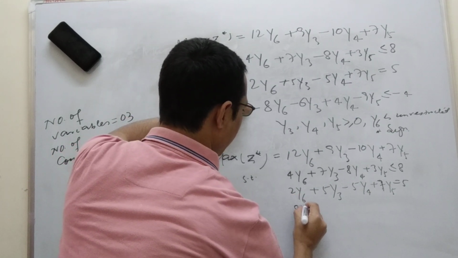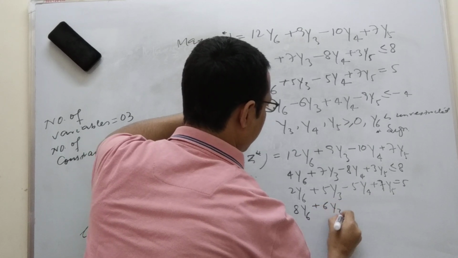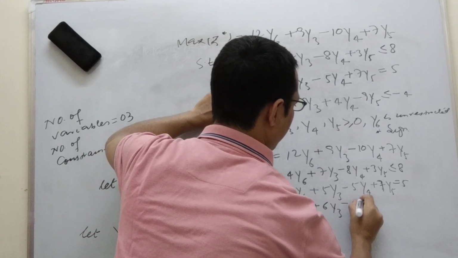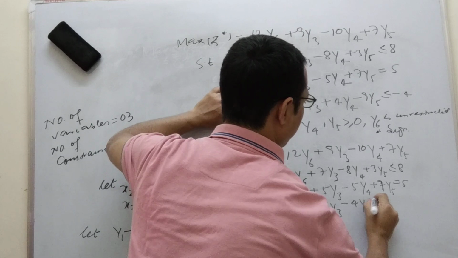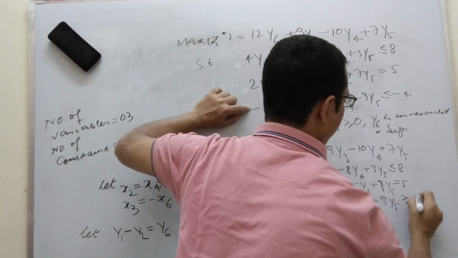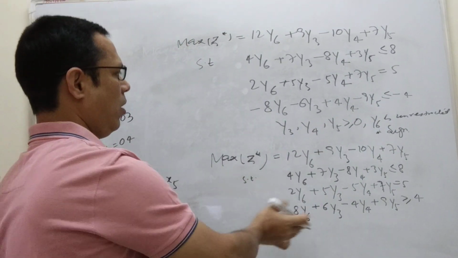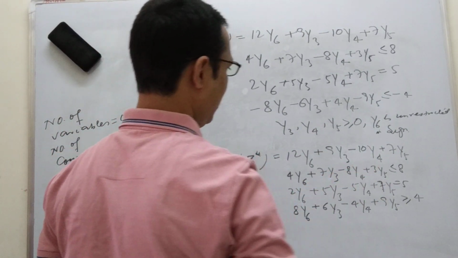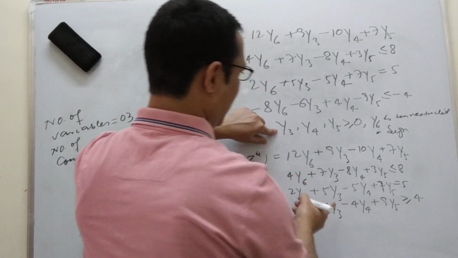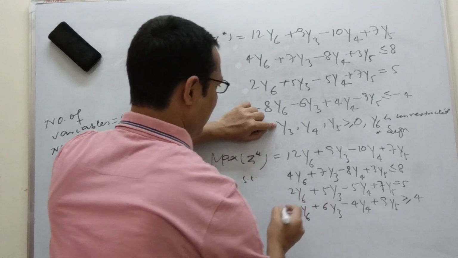So you will get 8y6 plus 6y3 minus 4y4 plus 9y5 greater than or equal to 4. So this sign will get changed and all the signs of the respective coefficients will get changed. Okay, but what's new here?